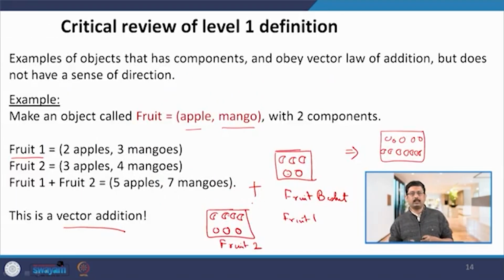But now, if I ask you, is fruit a vector? What is the direction of fruit? It does not have a sense of direction, yet it obeys the vector laws of addition. So, even if we add this extra clause that vectors are quantities that obey the vector law of addition, that is not enough.